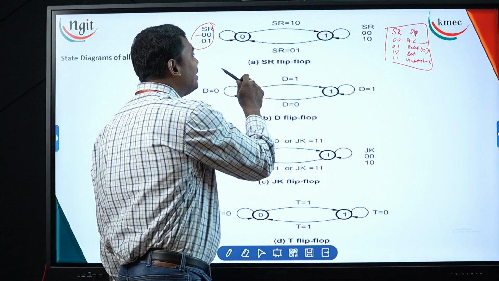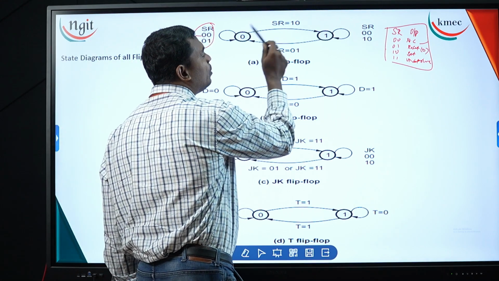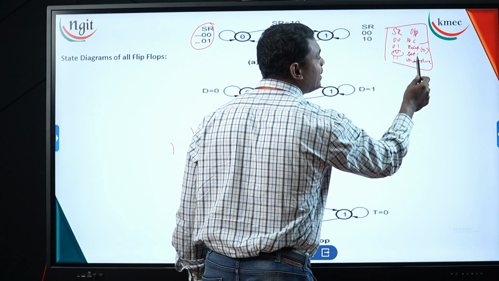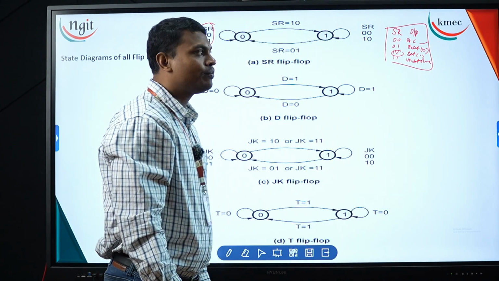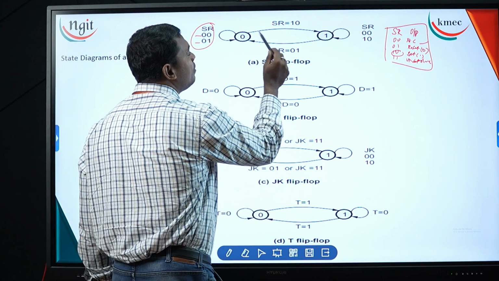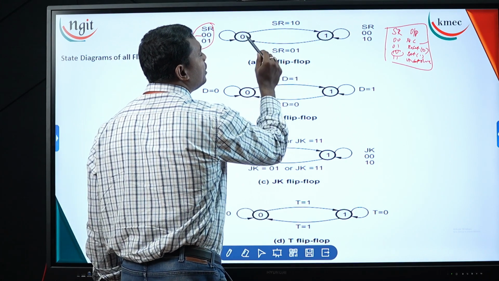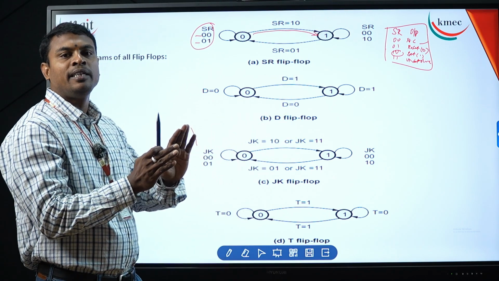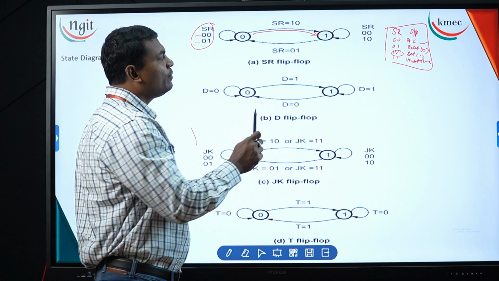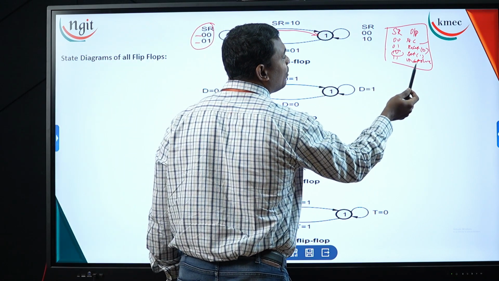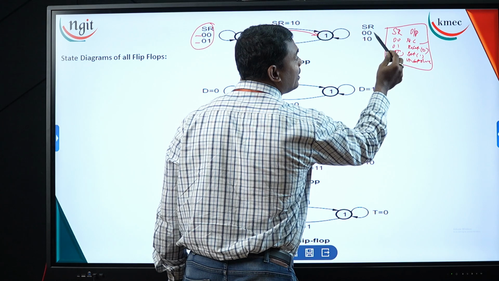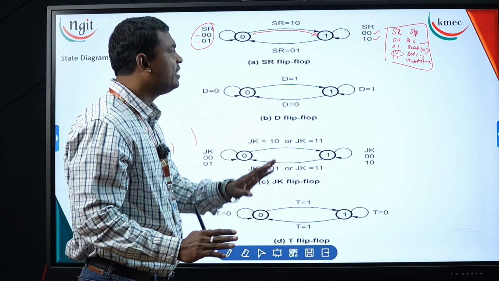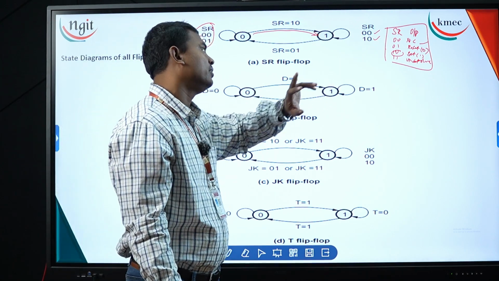Next, the transition occurs from 0 to 1 when the input 10 occurs, the set value appears, that is 1. So for 10, the transition takes place from 0 to 1. Now it has remained in the 1 state. It will stay in that state for the input values 00 and 10.